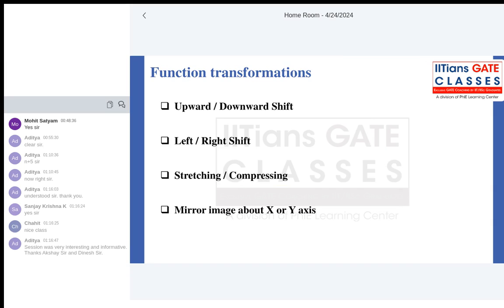So this topic we'll not discuss today because we are running out of time. But definitely we'll take it up in the calculus class, because in exams you'll not get a straightforward question, because everybody knows how to plot y equal to mod x or step of x.